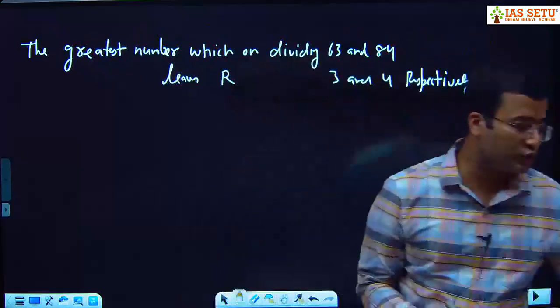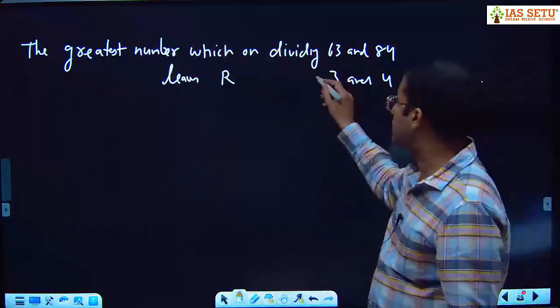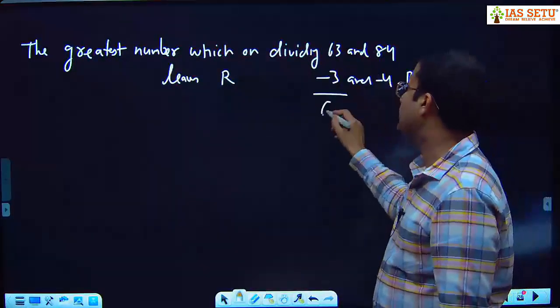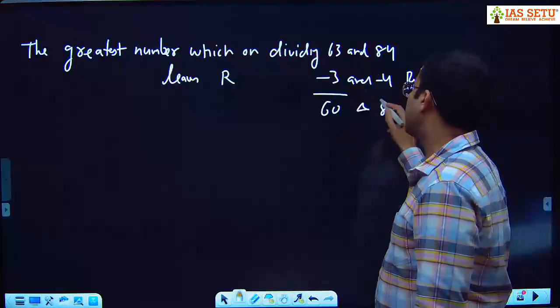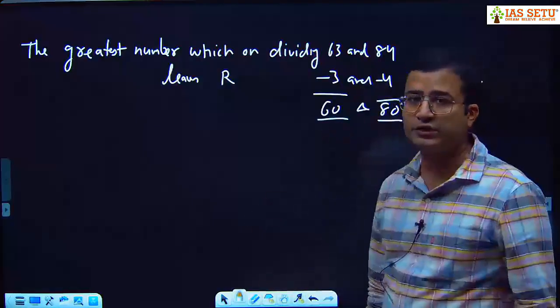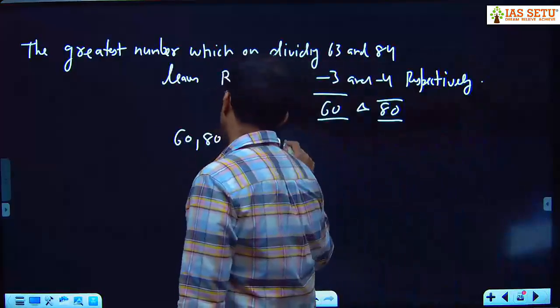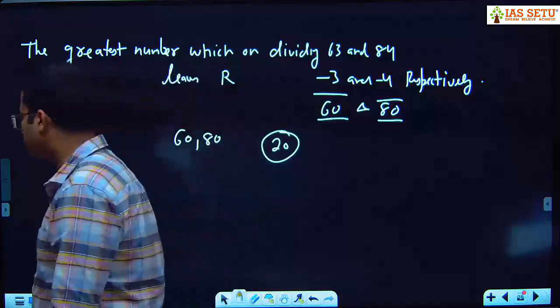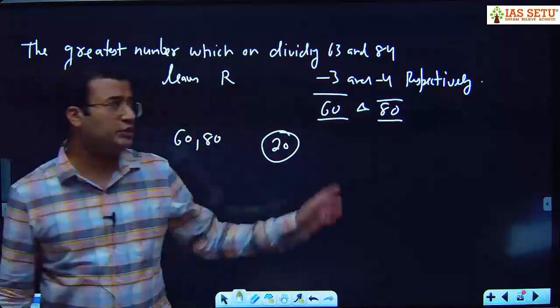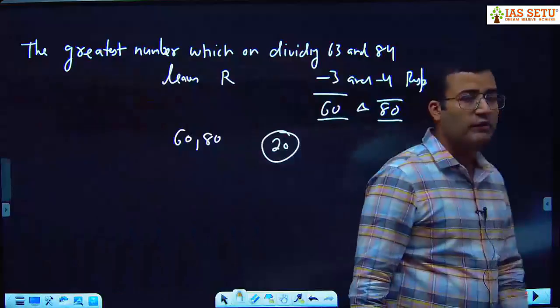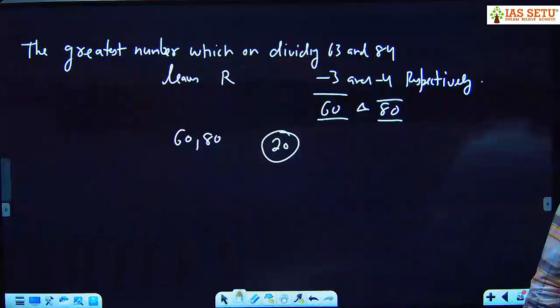Fine. So step number 1, it is 3 extra, subtract; 4 extra, subtract. So it is 60 and 80. Step number 2, you find the HCF of 60 and 80. Tell me, what is the HCF of 60 and 80? 20. So the greatest number is 20, which on dividing 63 leaves remainder 3, and on dividing 84 leaves remainder 4.